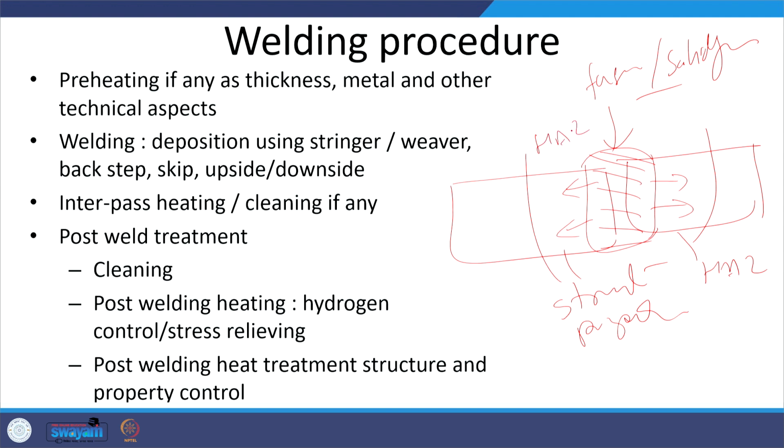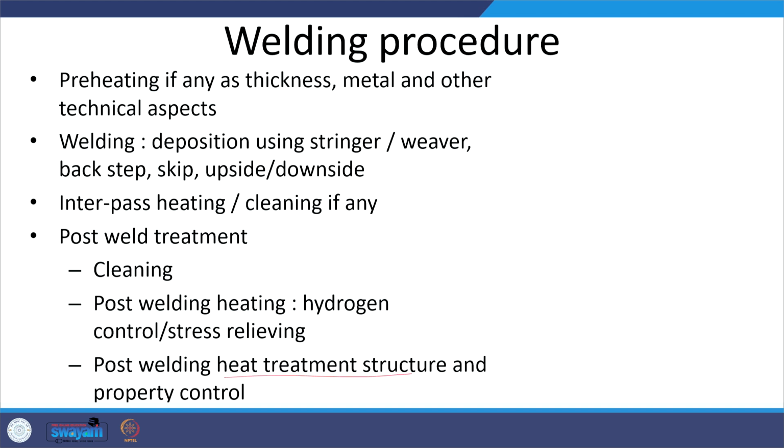These are the zones where the properties will get modified, and most of the time these modified properties are not as per our requirement. Therefore, it becomes important to restore the lost properties due to the application of heat during the welding, and therefore, we have to do the post weld heat treatment.